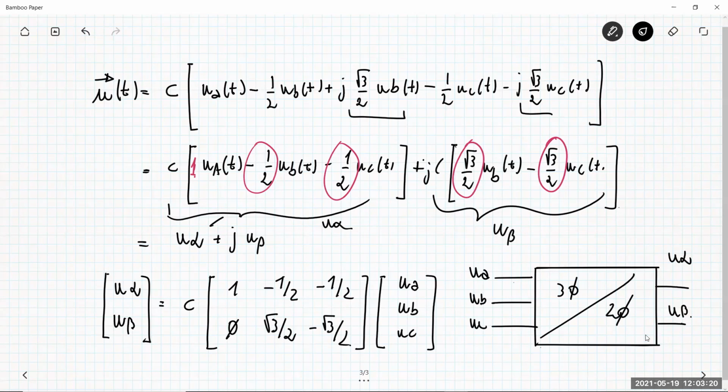This transformation has a transformation matrix, which is exactly the matrix that I computed now. Of course, there is also the possibility to get the inverse transformation. From a 2-phase complex plane, I can pass to a description using 3 variables that are independent, real, etc., by using the inverse transformation. So this is the basic idea.